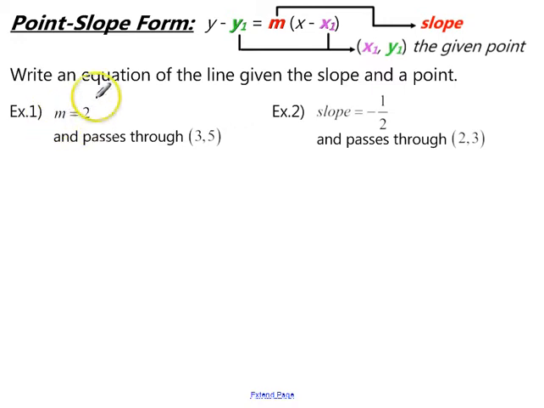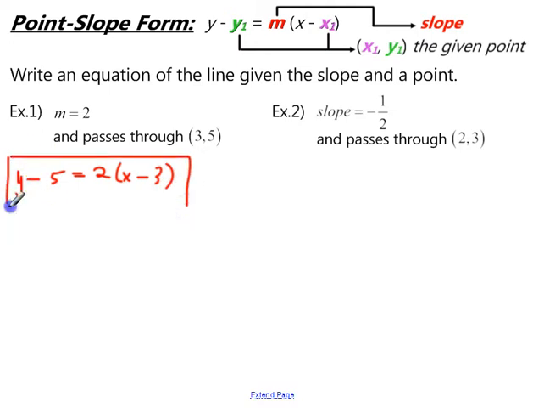So here, they tell us that the slope is 2 and it passes through the point (3, 5). So we're going to put that information into our equation of a line in point-slope form. y minus the y-coordinate, 5, equals m times the quantity x minus the x-coordinate, 3.